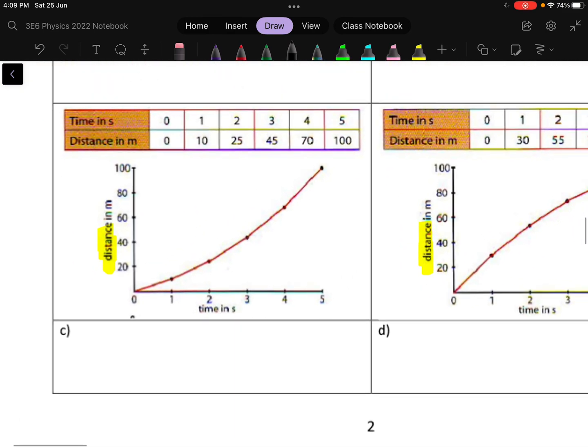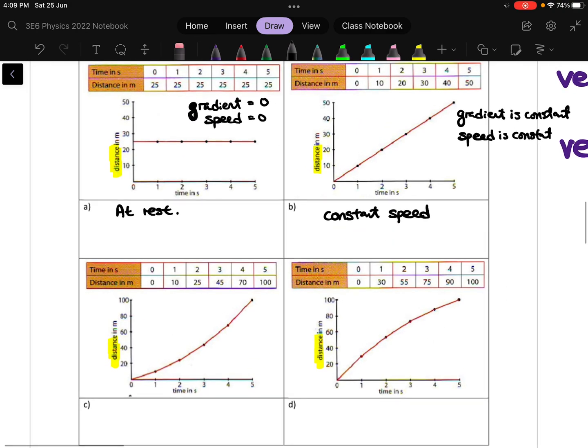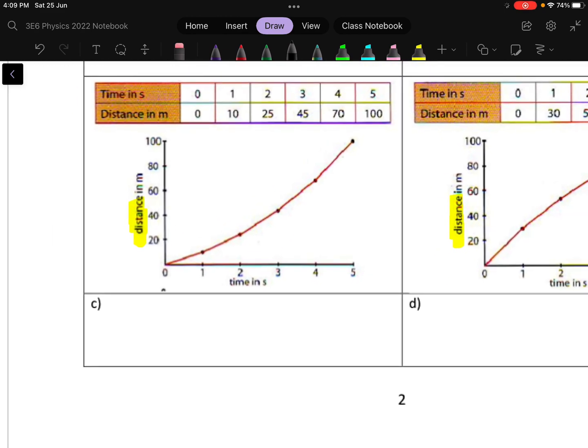How about the third graph? Well, it is still a distance time graph, so I'm going to use the same approach, right? I'm going to ask myself, how am I going to describe the gradient? So down here, this is a curve, and let's say I compare this point. This is the gradient of the tangent, and then if I compare this point, you can see that the gradient of the tangent is actually getting steeper, right? This is steep, right?